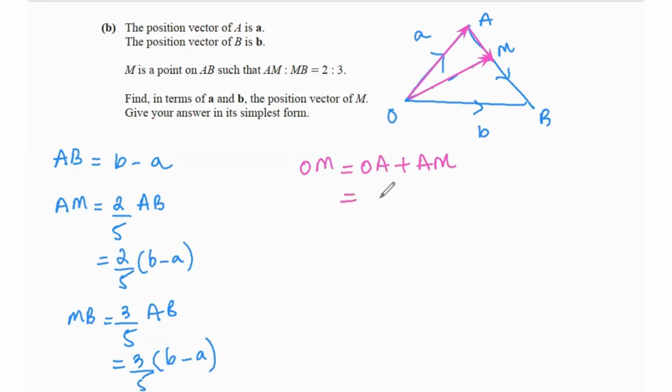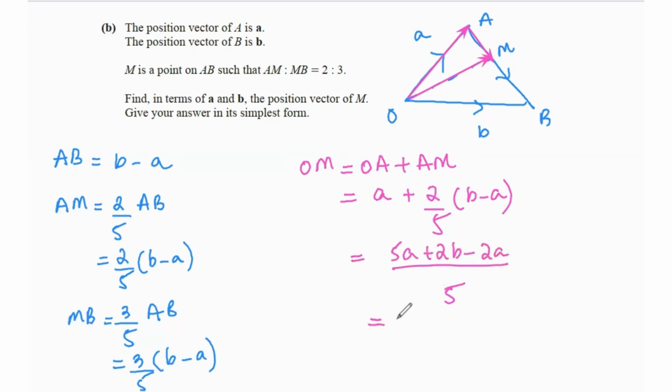OA is a, AM is 2/5 of (b minus a). Add them up, 5 in the denominator. This is 5a plus 2b minus 2a. So that's (3a plus 2b) over 5. That is your position vector of M.